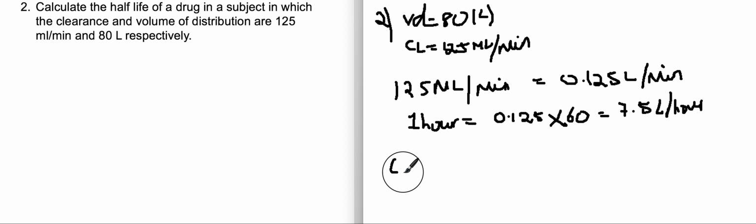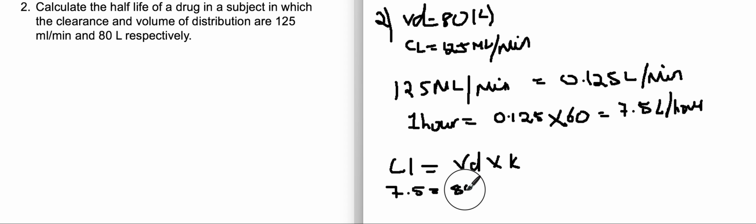Now you know clearance is equal to Vd times K. So you can do 7.5 equals 80 times K. So K is equal to 10.6 recurring.